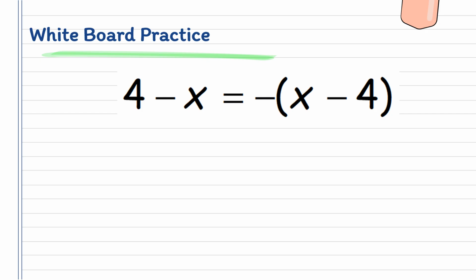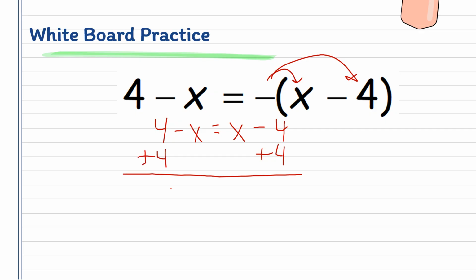Problems are just for practice. So let's see. I'm going to distribute in this negative. When I do that, I am left with x minus 4. Okay, let's keep going. I'm trying to solve for x. I wound up with 8 minus x equals x.